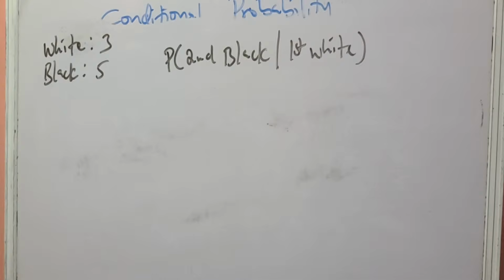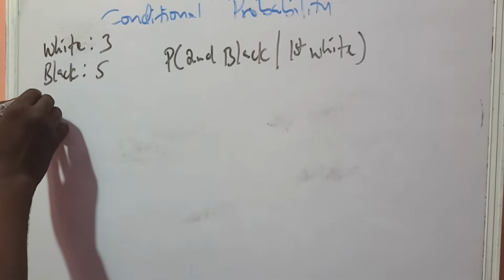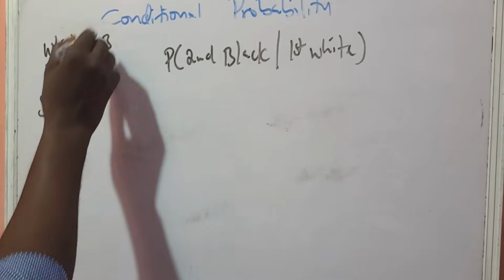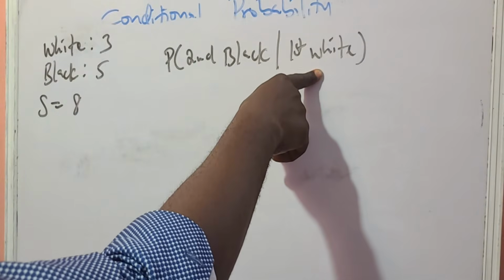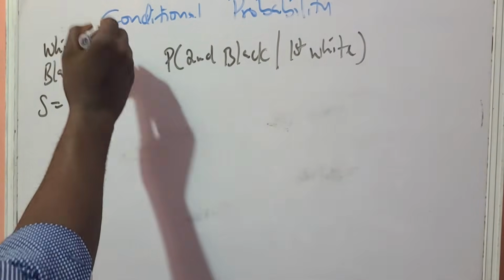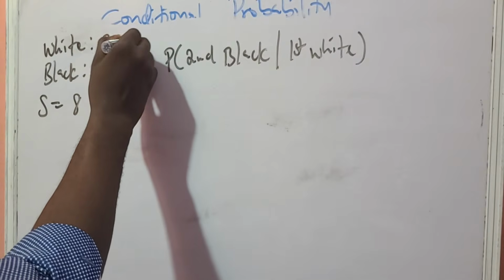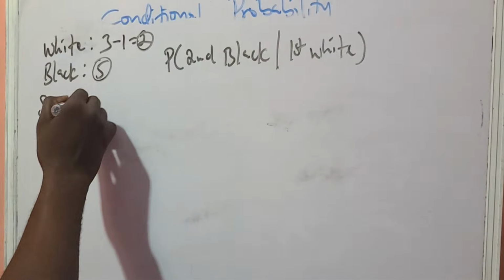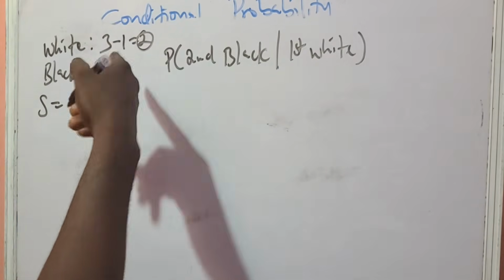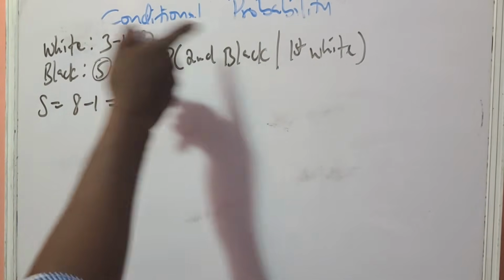Okay, look at this. What's your total sample space? Total number of possible outcomes here, we have 8. All right. Now, you already picked the first as white. So obviously, your event space for white will reduce to 2. And of course, your sample space also reduces by 1 because you have already picked 1 white.